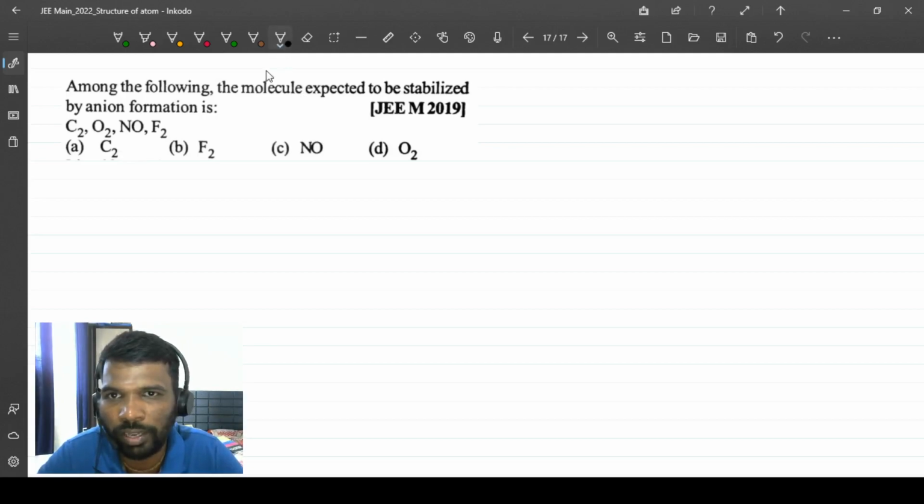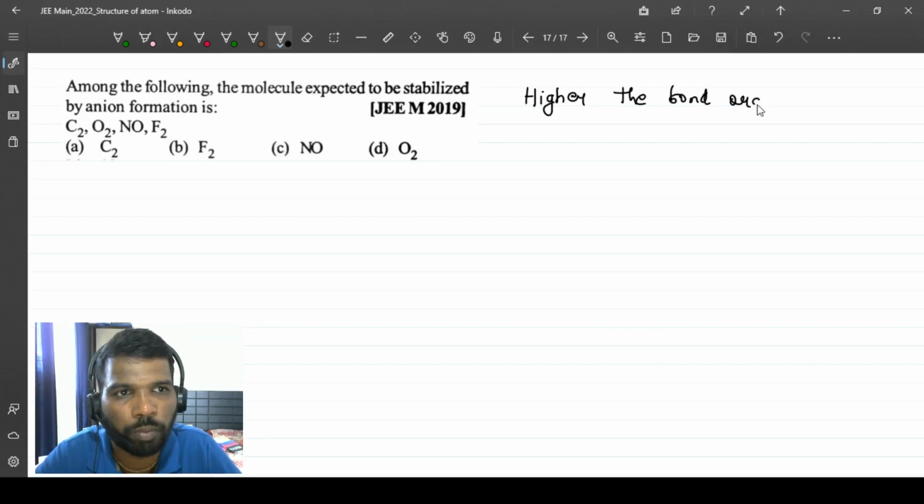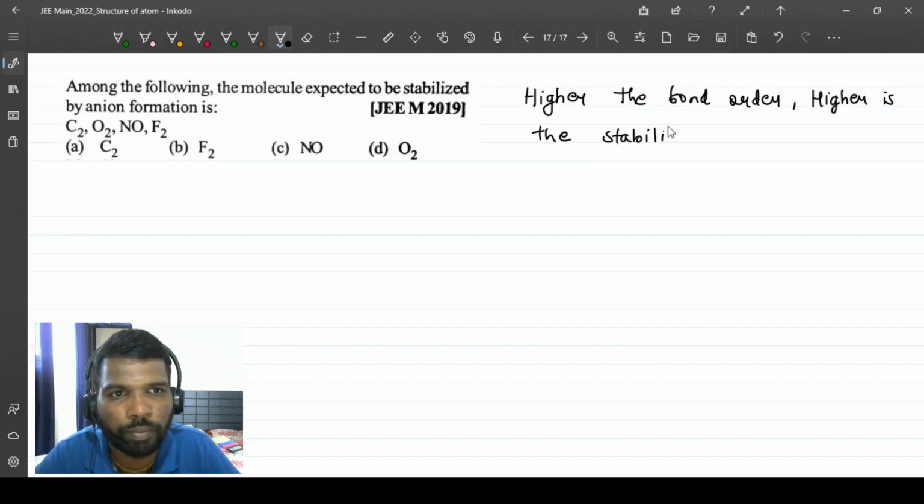If the bond order is increasing. You can remember this: higher the bond order, higher is the stability.